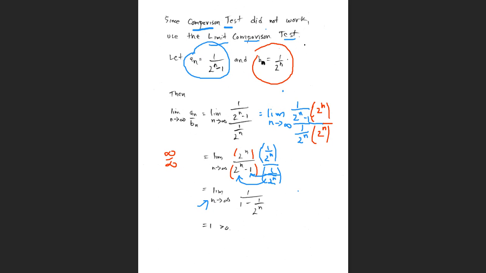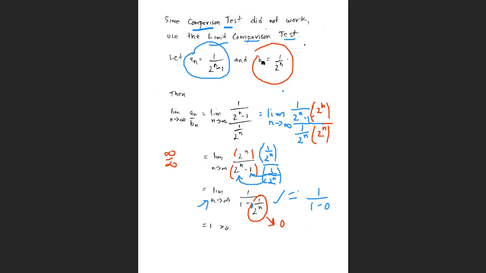Okay, so what happens then is, now that the limit is written as you see here, when we let n go to infinity, this is going to equal 1 over 1 minus 0, because 1 over 2 to the nth power approaches 0 as n gets large.